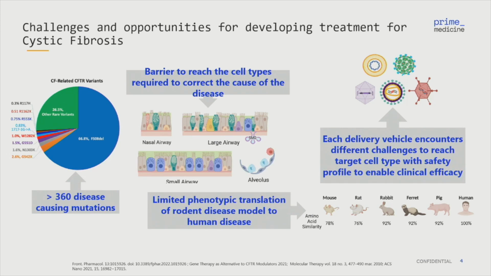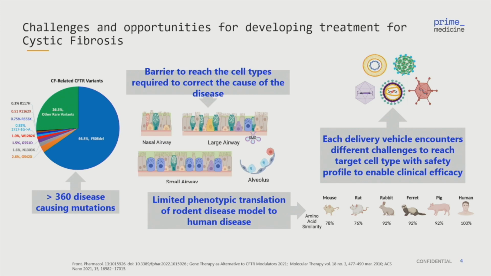So I'll just be very quick here because I think many of you are so familiar, but this is a challenging space. A lot of mutations you just heard about on the left. The barrier of delivery to this tissue, which is naturally a barrier to organisms and pathogens. The challenge of getting to those basal cells if you want a permanent edit or a permanent correction.